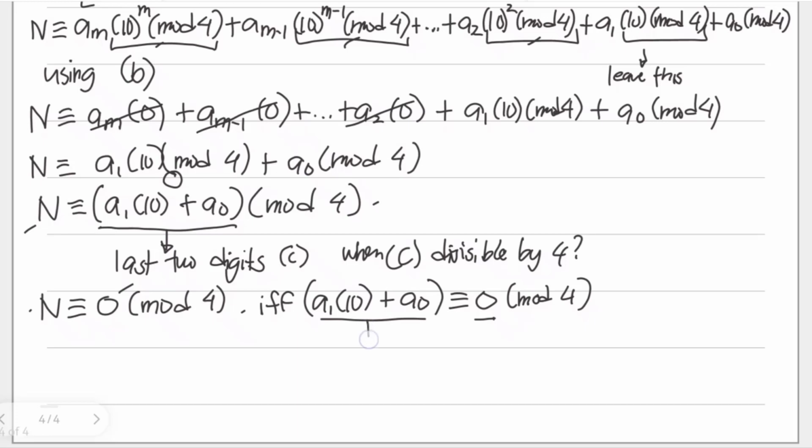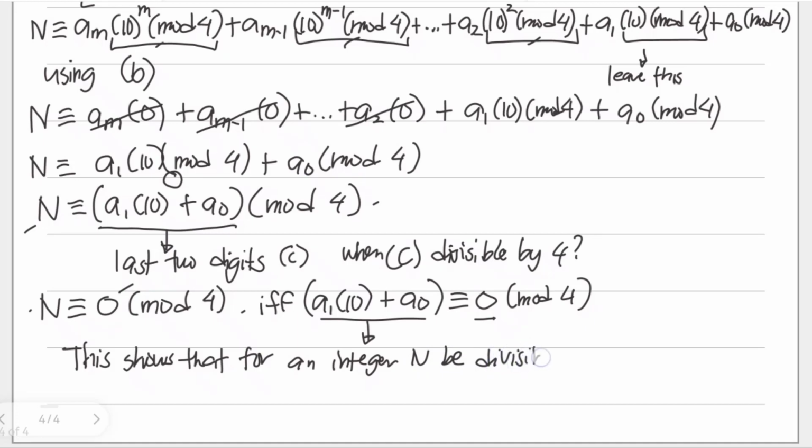And again, what is this? The last 2 digits. So when can we say that any integer is divisible by 4, meaning any integer has remainder of 0 when divided by 4? This shows that for an integer n to be divisible by 4, what is this again?